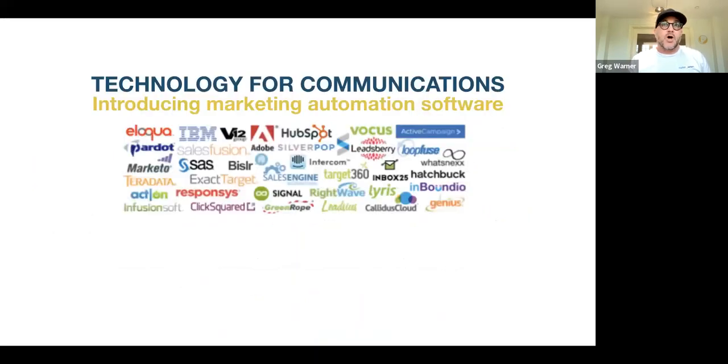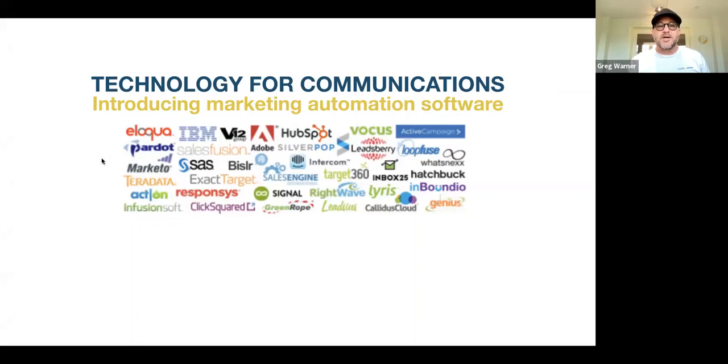Now, talking about automation, we're going to be talking mostly about marketing automation, as it's called. I actually call it fundraising automation because marketing automation companies, I mean, there's over 100, maybe 200 now. And in fact, some of them have been bought up by big CRM companies like Salesforce, which bought up Pardot, which is on the left side over here.